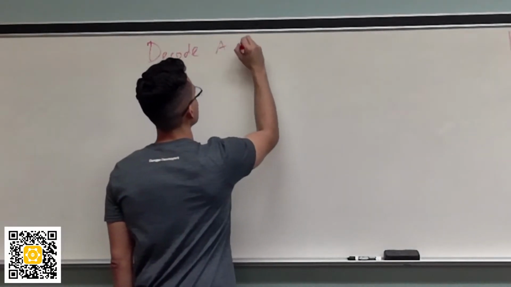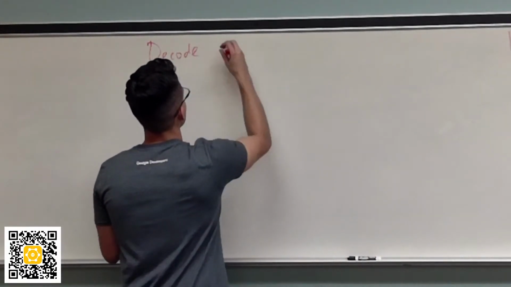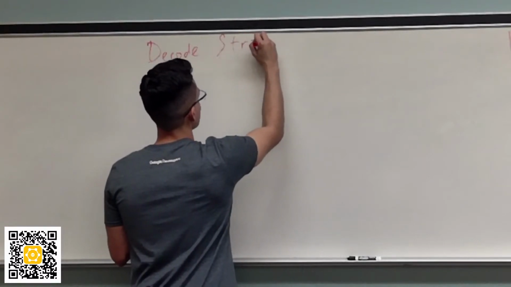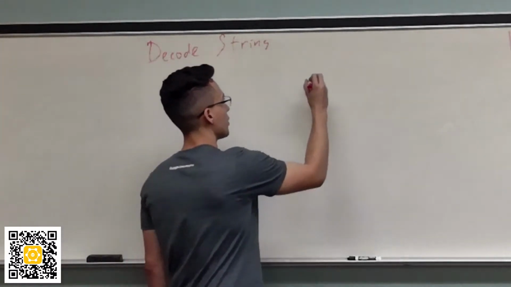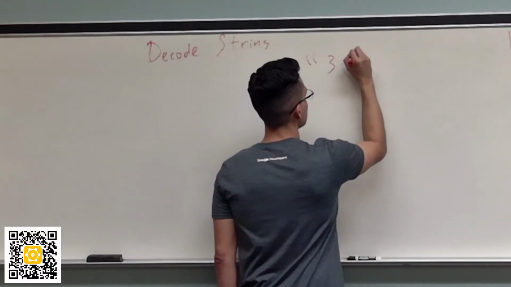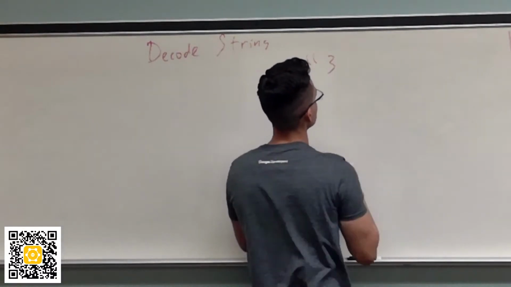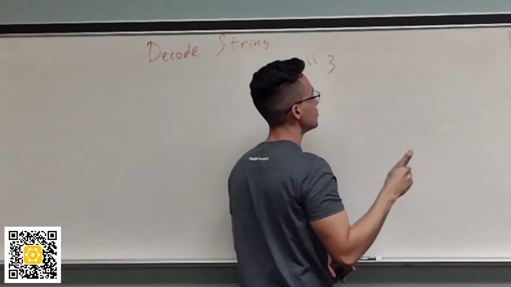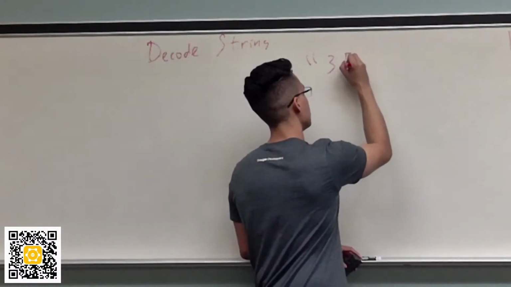I'm going to call it decode string. The idea is that you get a string, and in the string, you have a sort of notation to generate another string following the pattern. So this is how it works.